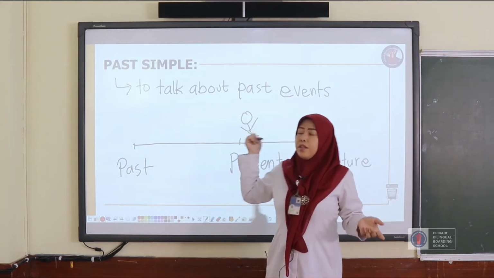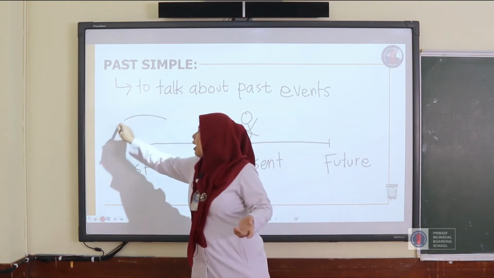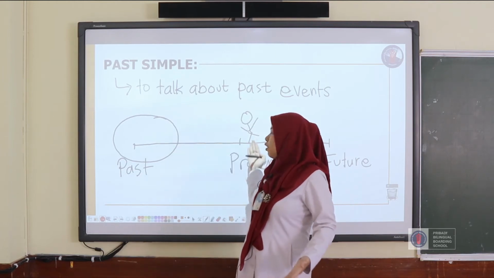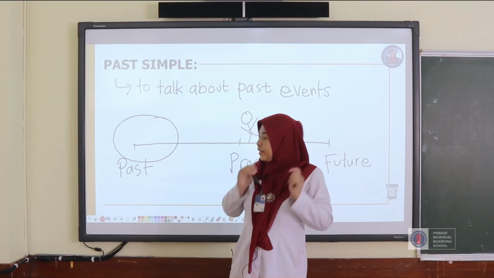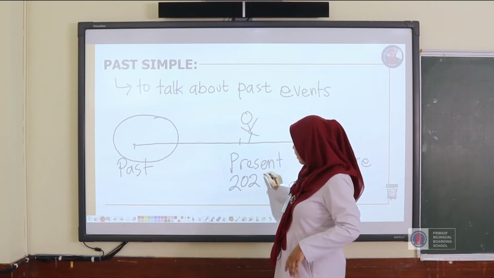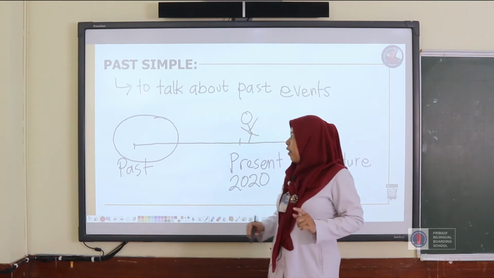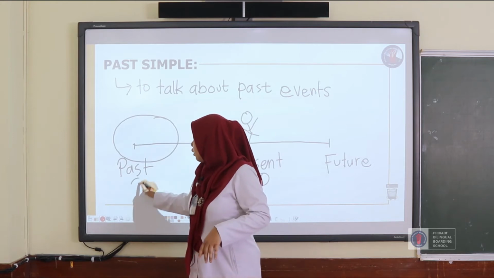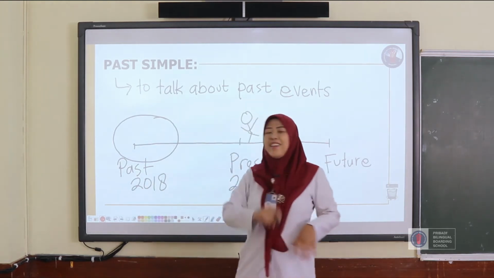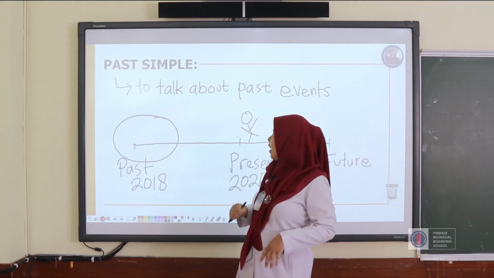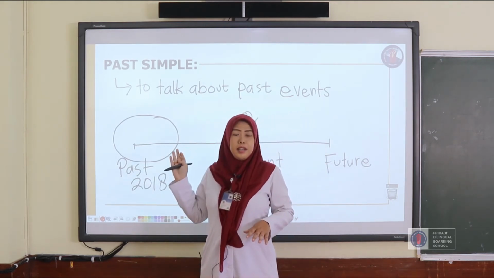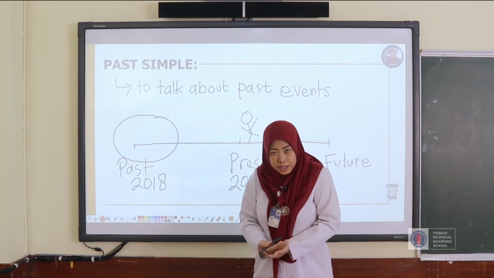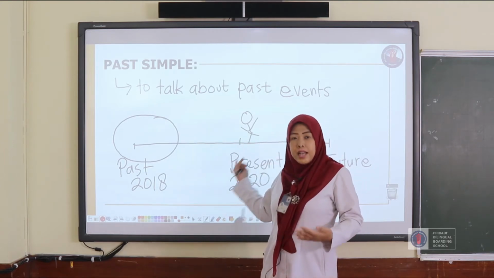When we talk about the past simple, we're talking about something happening here in the past, already done, already finished, which has nothing to do with the present, with us now. For example, this year is 2020, and if you want to talk about something in the past, maybe in 2018, you can use past simple. So past simple is used to talk about something in the past, already done and finished, and has nothing to do with us in the present.